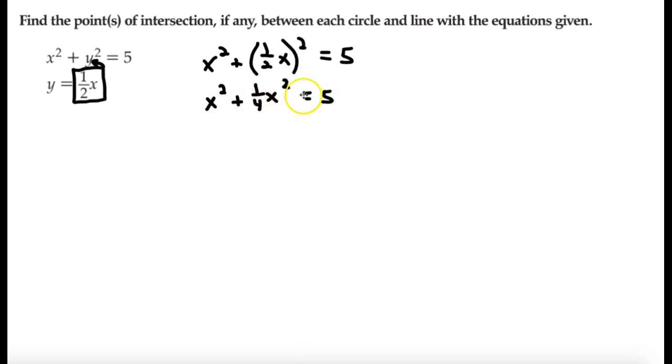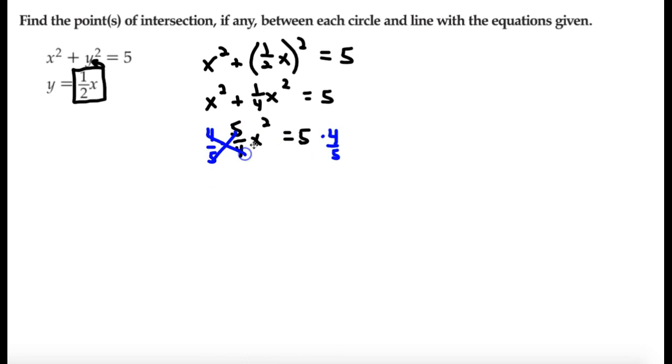So now these are like terms, right? 1x squared plus 1/4 x squared. So 1 plus 1/4 would be 5/4, and you can use your calculator for that. So if I combine my like terms here, I actually get 5/4 x squared equals 5. So now I want to get rid of this 5/4. Well, to do that, I'll multiply both sides by 4/5.